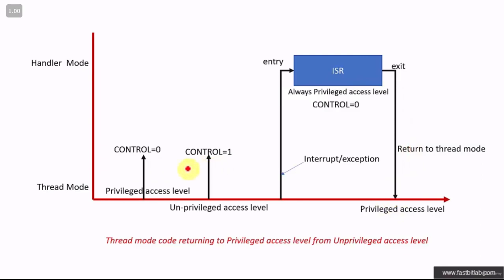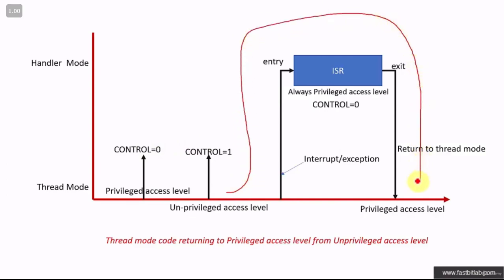Once you changed thread mode's access level from privileged to unprivileged, to change back to privileged, you have to take this path. That's the only path available. That is, you have to trigger a system exception or interrupt, go to the handler mode, modify the control register there, and then come back to the thread mode. I hope you get the idea about switching between privileged access level and unprivileged access level. And that's it for this video, and I'll see you in the next lecture.